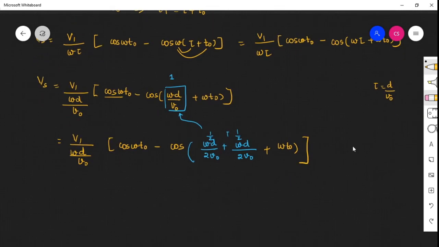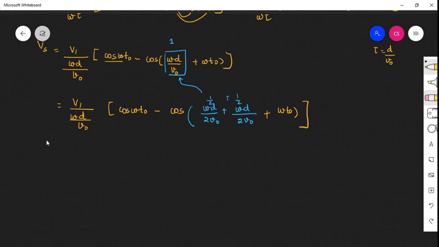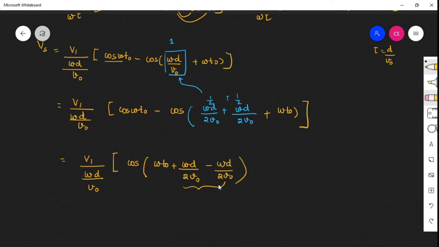So I'm going to modify the first term now to bring it to the form cos of A minus B. So it is V1 by omega d by V naught. I'm going to write this as cos of omega T naught plus omega d by 2 V naught minus omega d by 2 V naught. Now what happens when I add and subtract the same term?